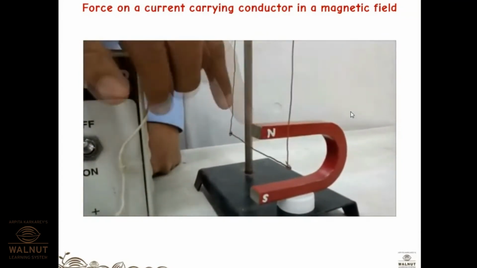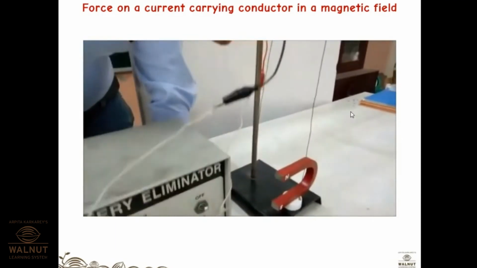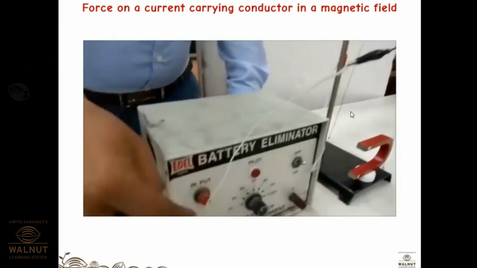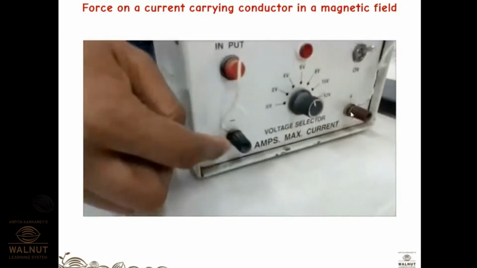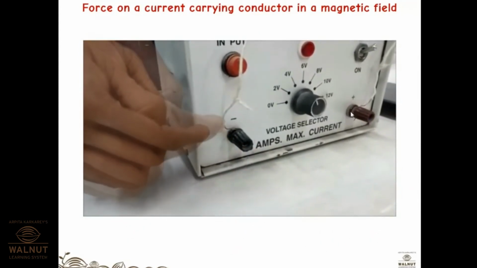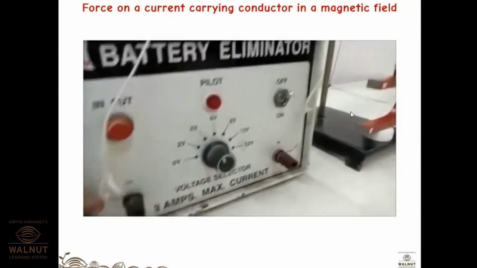This wire is connected to the negative terminal of the battery eliminator. This black knob represents the negative terminal. In the same way, the positive terminal is connected to the other side of that wire frame. On turning the battery eliminator on, current will flow through this swing-like wire.